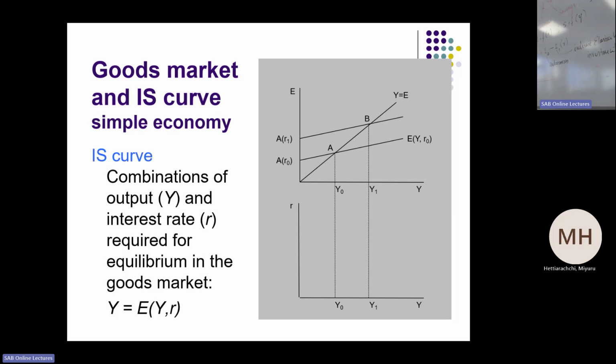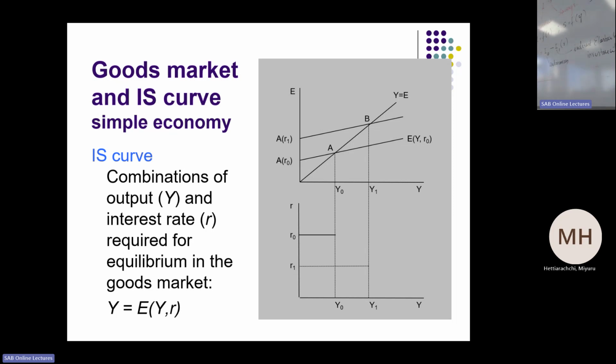So we can identify those two points. The first point is point A, at interest rate R0 and income level Y0. R0 is a higher interest rate than R1. Then R1 is this point, E, Y, R1.